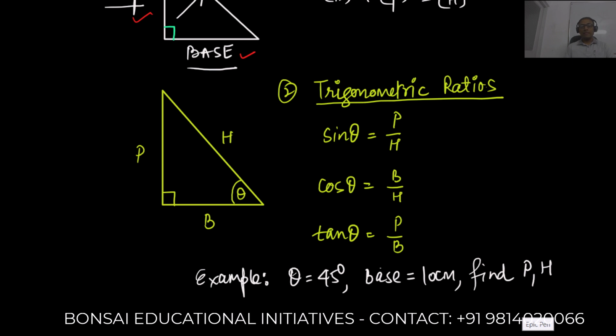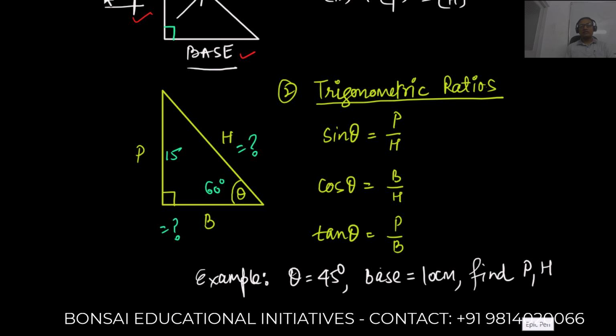In a right angle triangle, let me take an example. You are given this side as 15, and let us assume this angle is 60 degrees, and you are interested in finding the hypotenuse and base.